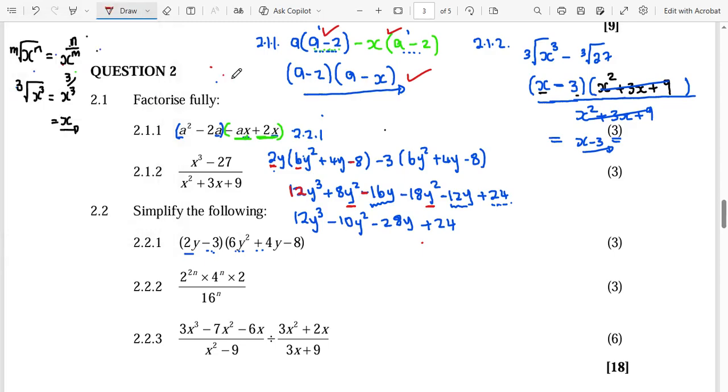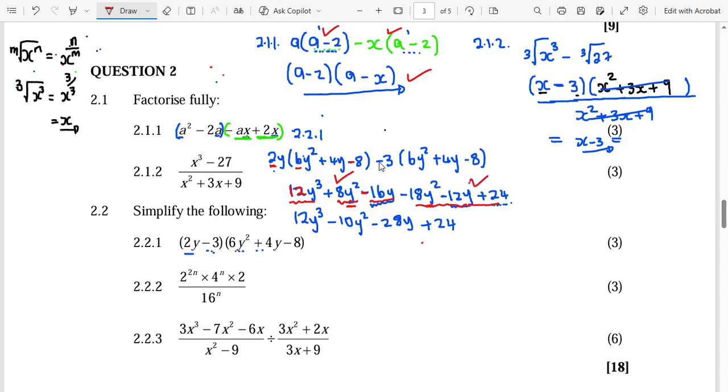Okay, but the most important thing is to make sure that you have this 8y, and then you have this minus 16, because there's a mark for that part. There's a mark for multiplying the bracket by 2y, and also this part here, there's a mark for that.